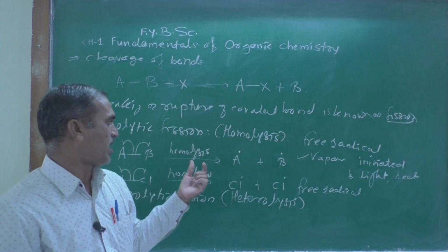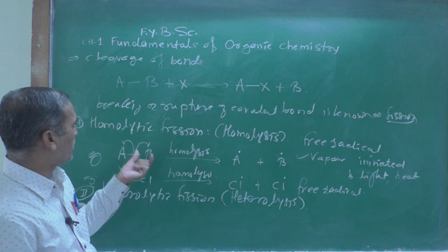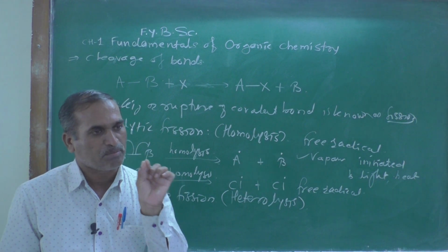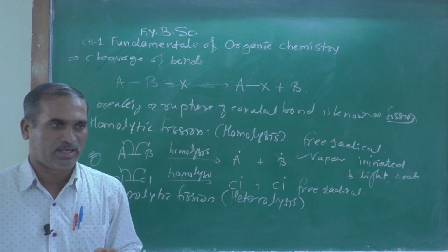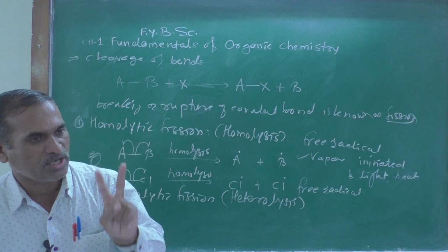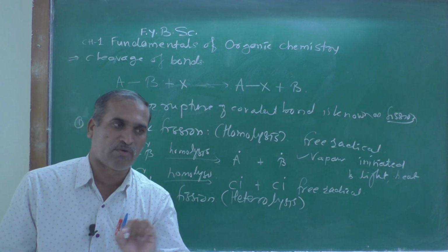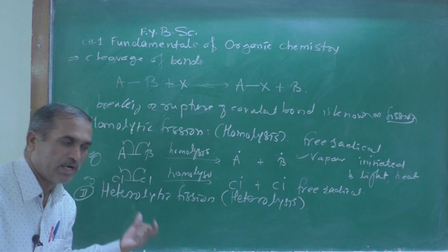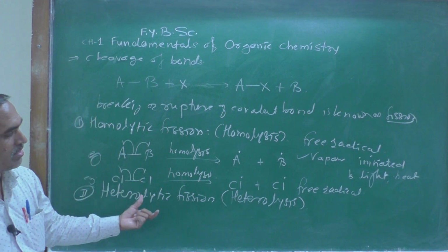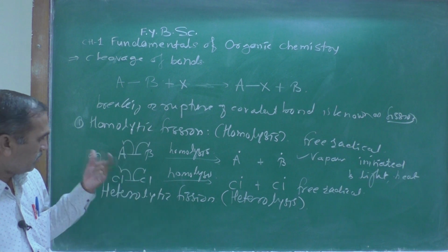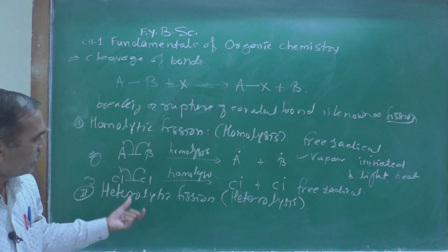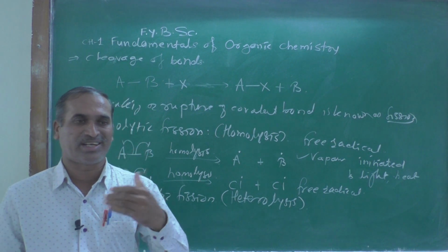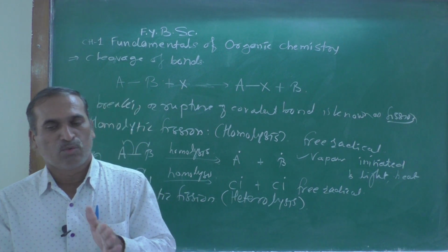As we know, in homolytic fission the covalent bonds are broken symmetrically, meaning the sharing of electrons is equal. But in heterolytic, the word itself clearly indicates that the covalent bond is broken unsymmetrically.